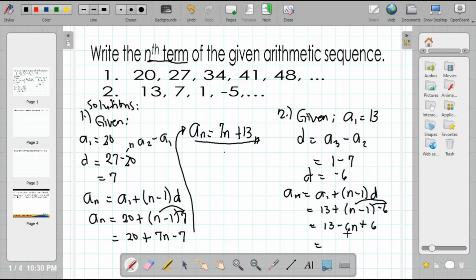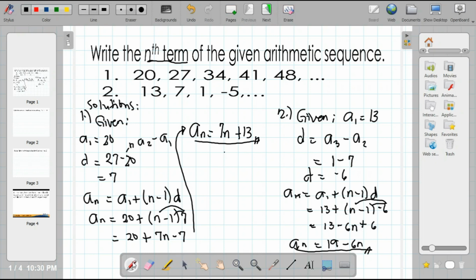So from here, we're going to combine similar terms. 13 and 6 can be combined because they are both numbers. So we add 13 and 6, and that is 19. And then we copy negative 6n. Therefore, our a sub n is equal to 19 minus 6n.